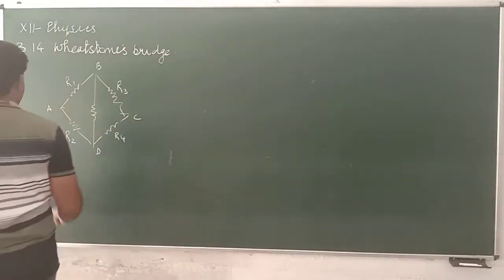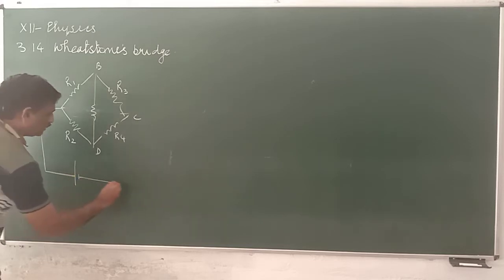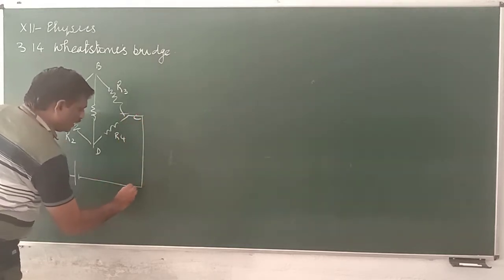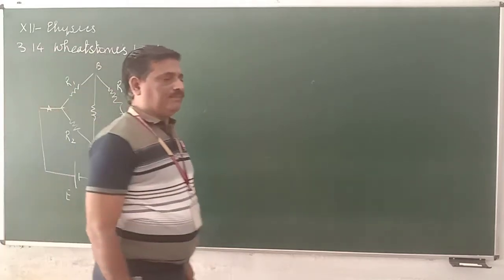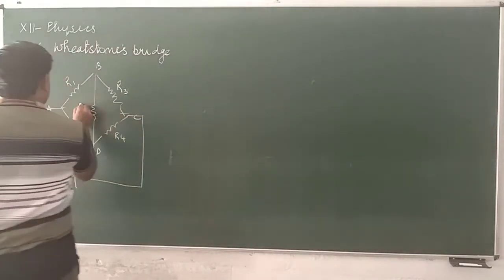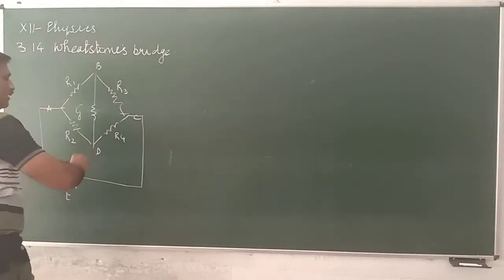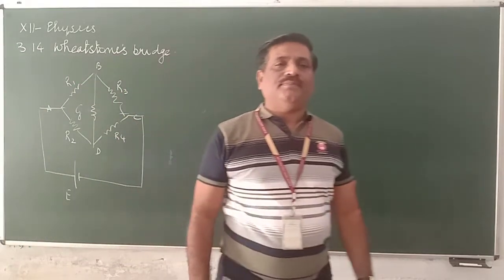Now between A and C, the source is connected. This is known as the source arm. An EMF source is connected. And then along BD, a galvanometer is connected. It is called the galvanometer arm.